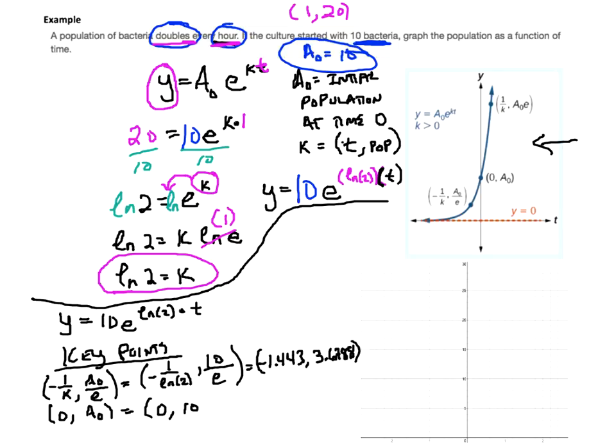Okay, another key point that we're given is 0, a sub 0. So that's 0, 10. And our last key point, 1 over k, a sub 0 times e, instead of being divided by it this time. And for my particular problem, that's 1 over the ln of 2, and my y coordinate is 10e.